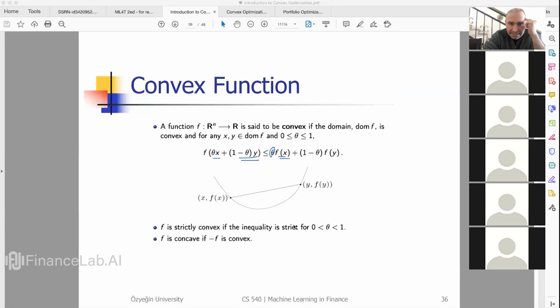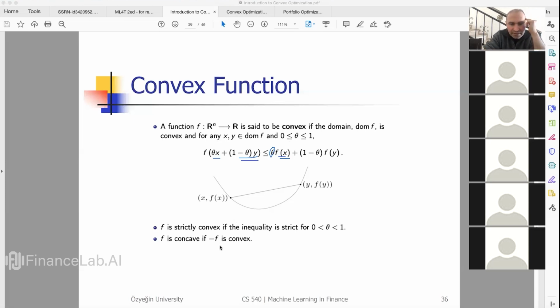It is called strictly convex if the inequality is satisfied for theta greater than 0 and less than 1, and it is called convex if it is satisfied for theta greater than or equal to 0 and less than or equal to 1.